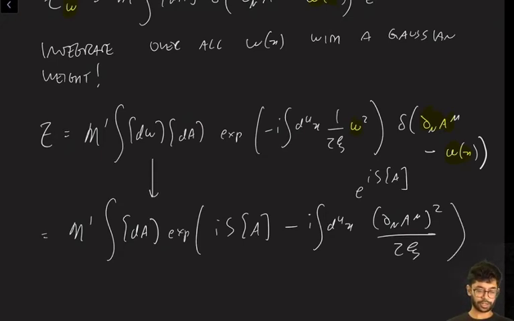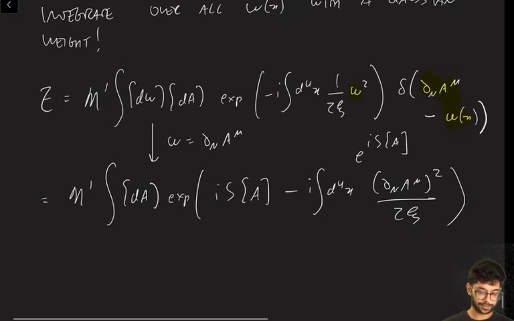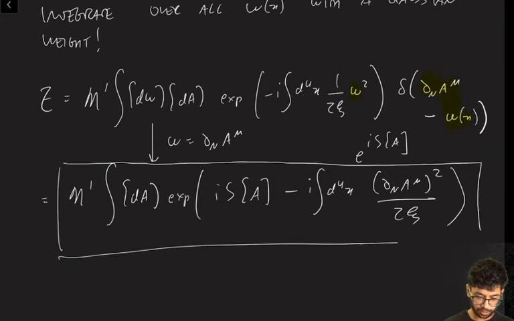Where from here to here, I used this delta function to set omega equal to d mu A mu. Okay, this is great. This is what we call the gauge fixed form of the path integral.